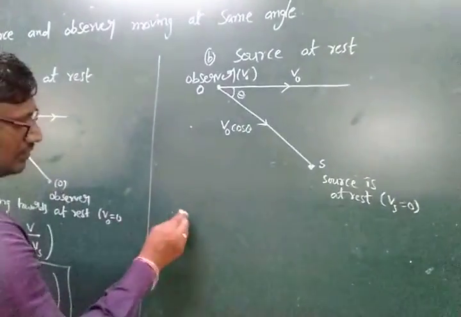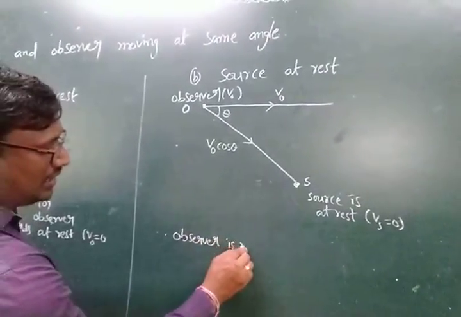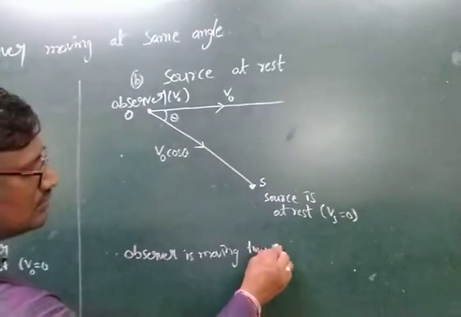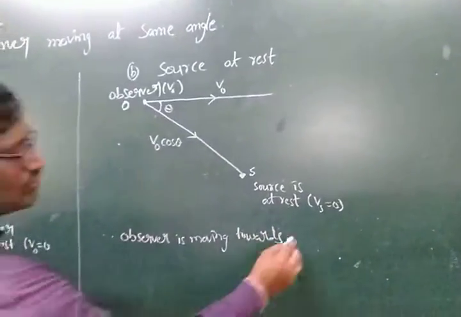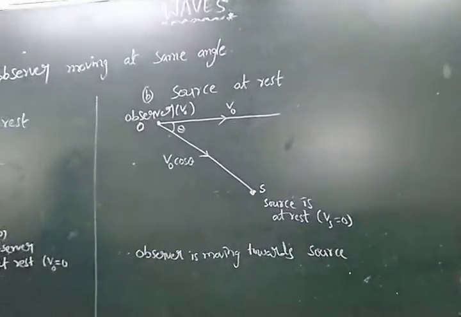Therefore the observer is moving towards the source, and the source is at rest. What is the formula?